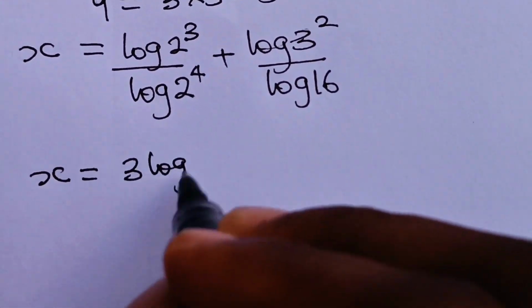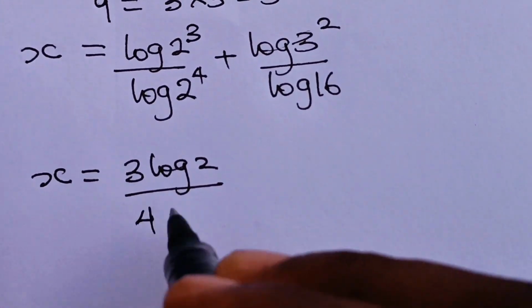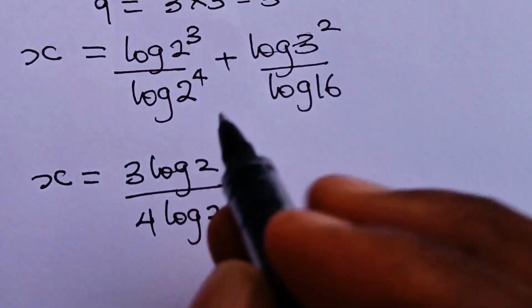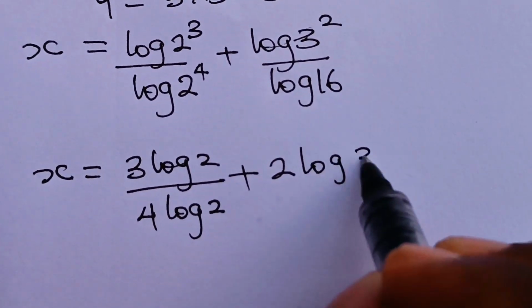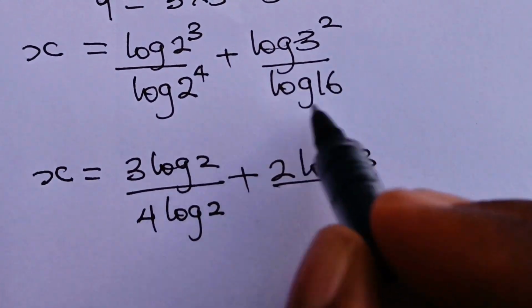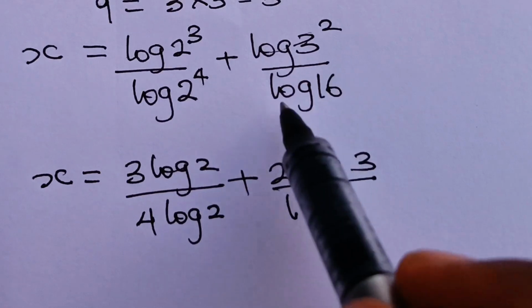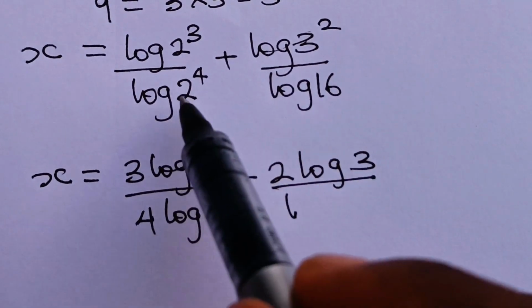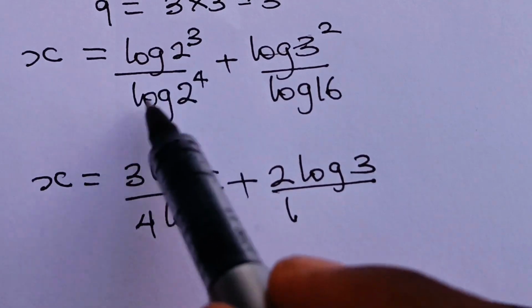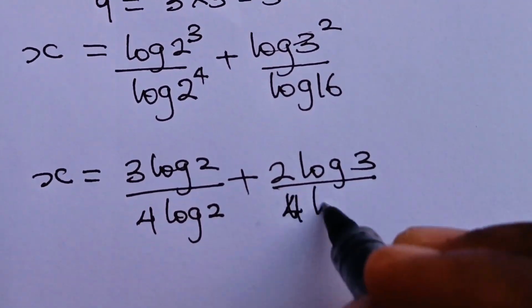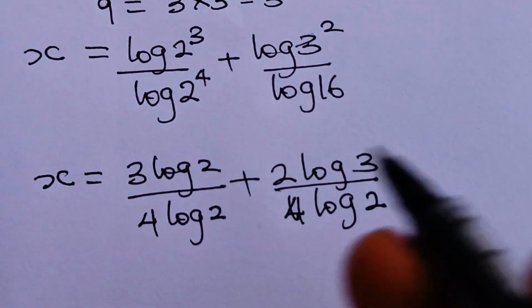So we have 3 log 2 divided by 4 log 2, plus 2 log 3 divided by, I didn't change this, 16 is the same thing as 2 to the power of 4, so it's going to be 4 log 2.